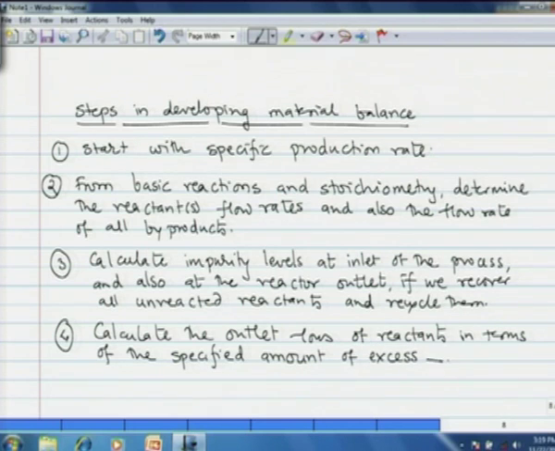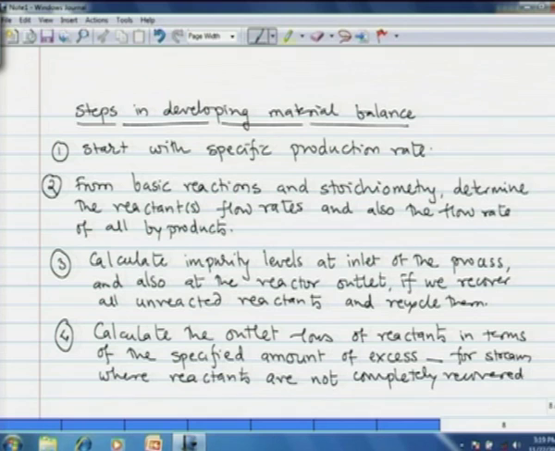Now, this is particularly the case for streams where the reactants are not completely recovered and recycled. This is typically the case when a gas recycle stream is used.